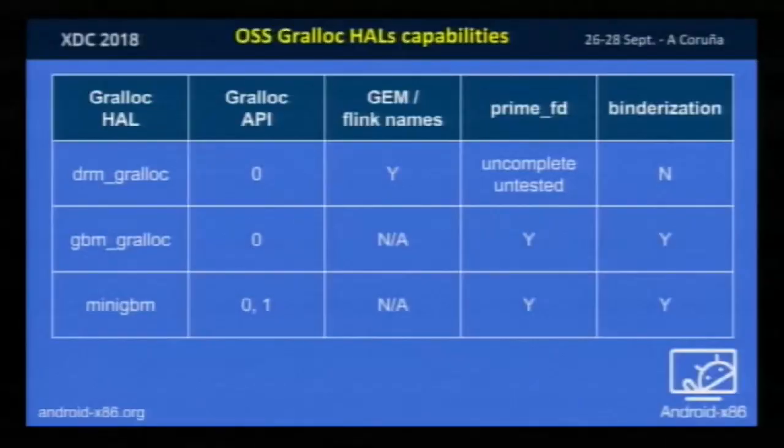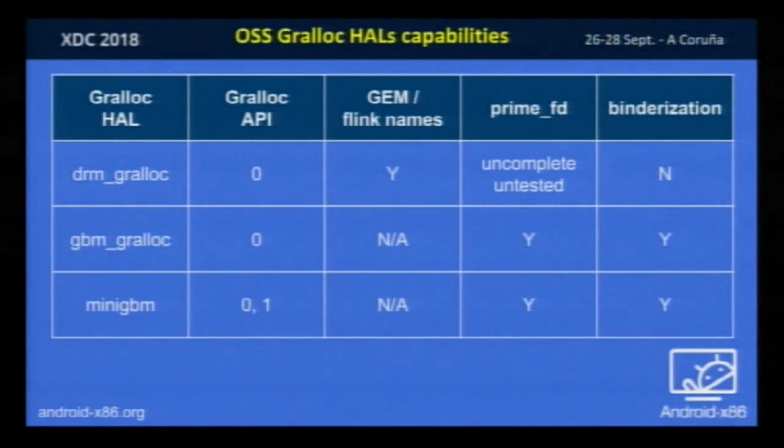Here we have an overview of the capabilities of the gralloc implementations. So DRM gralloc supports API 0. It has support for GEM flink names.